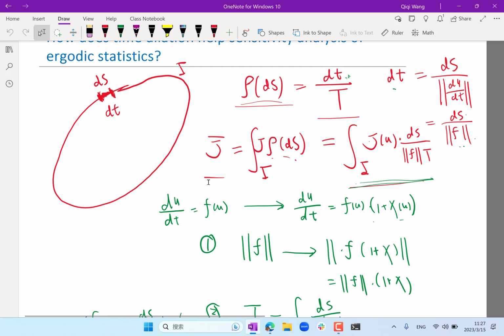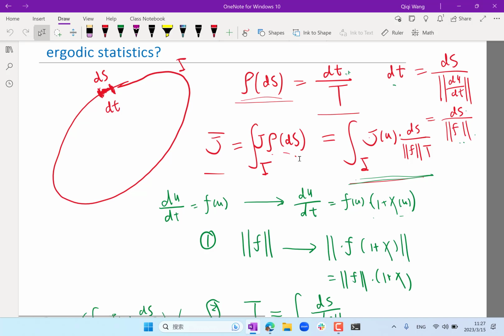And then we represented the J bar, the time average, instead of as a time average, as a spatial average weighted by this stationary density. Okay, and then we used that formula to figure out the effect of a small change on the speed of the trajectory, which is really delta u du dt, which is f itself, right?